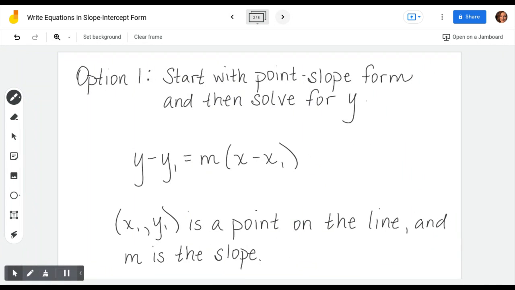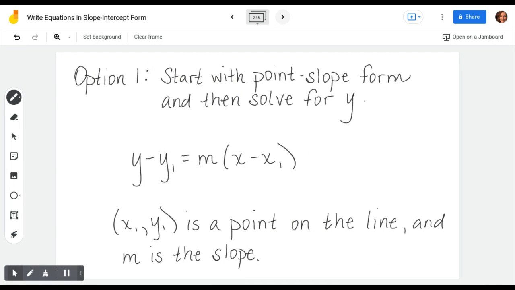Okay, so option number one is to start with what's called point slope form of your equation, and then you're going to solve that for y. When you get y by itself and it says y equals, once it's simplified like that, then you automatically end up with slope-intercept form. So point slope starts out really ugly and messy though.